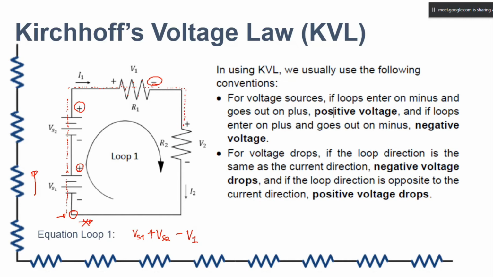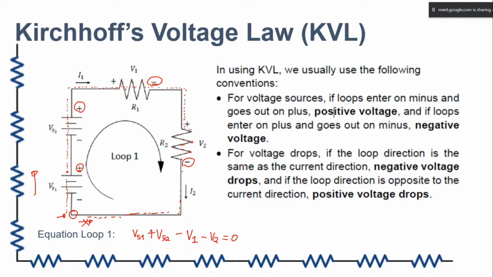Another resistor. Negative. So, negative V sub 2 and humana, equals 0. Ladies and gentlemen, our equation for this loop is V sub S1 plus V sub S2 minus V sub 1 minus V sub 2 equals 0.